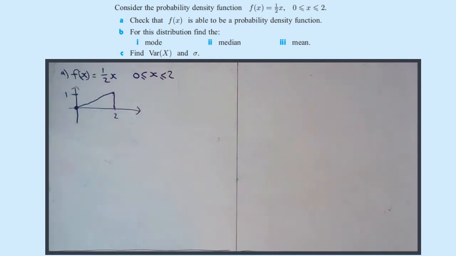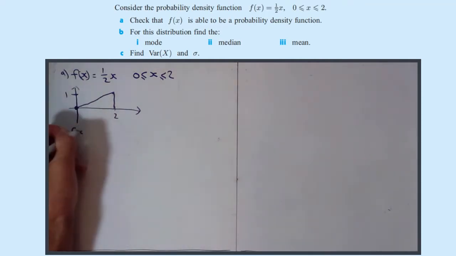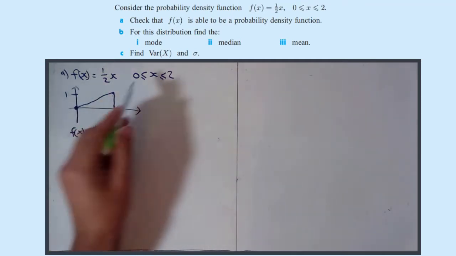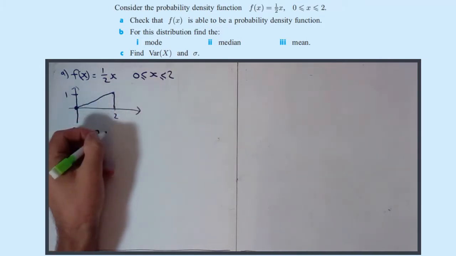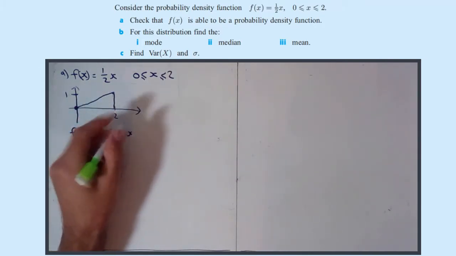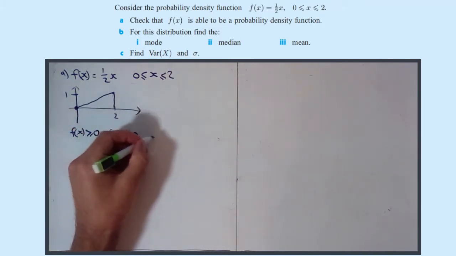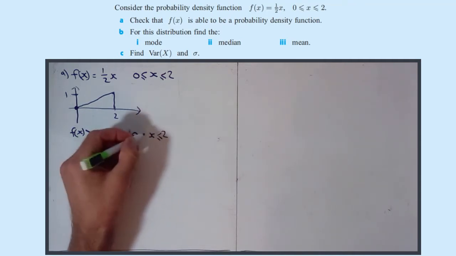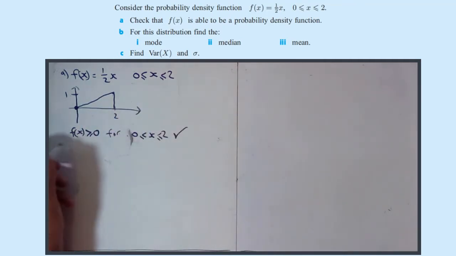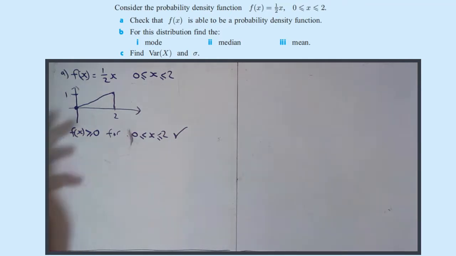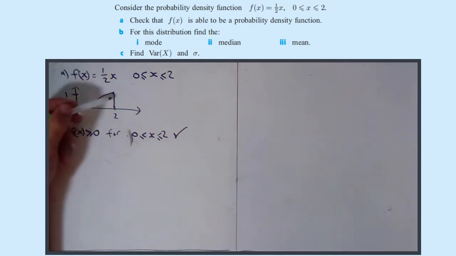So firstly, the first condition: is f of x greater than or equal to 0 for this entire domain? For x between 0 and 2 inclusive, yes it is. Also we need to check, is this area here 1?